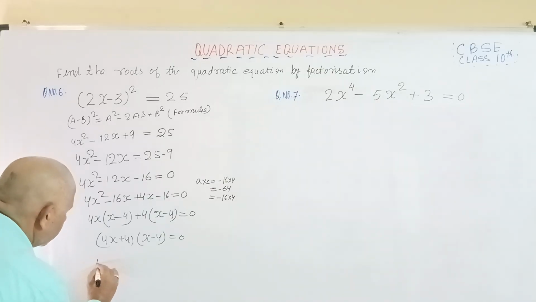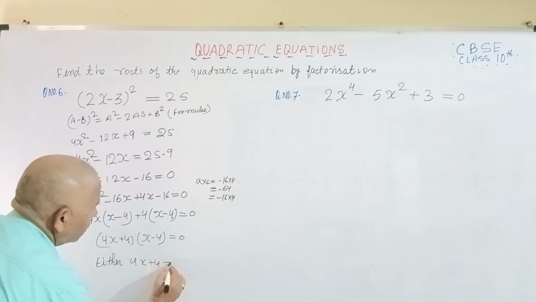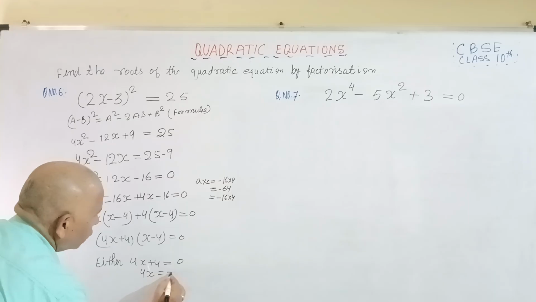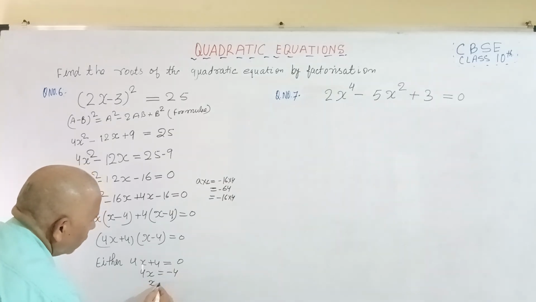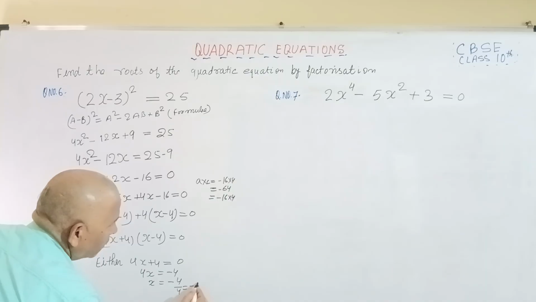So I can write either 4x plus 4 equals 0, or 4x equals minus 4. Therefore x equals minus 4 by 4, that is minus 1.